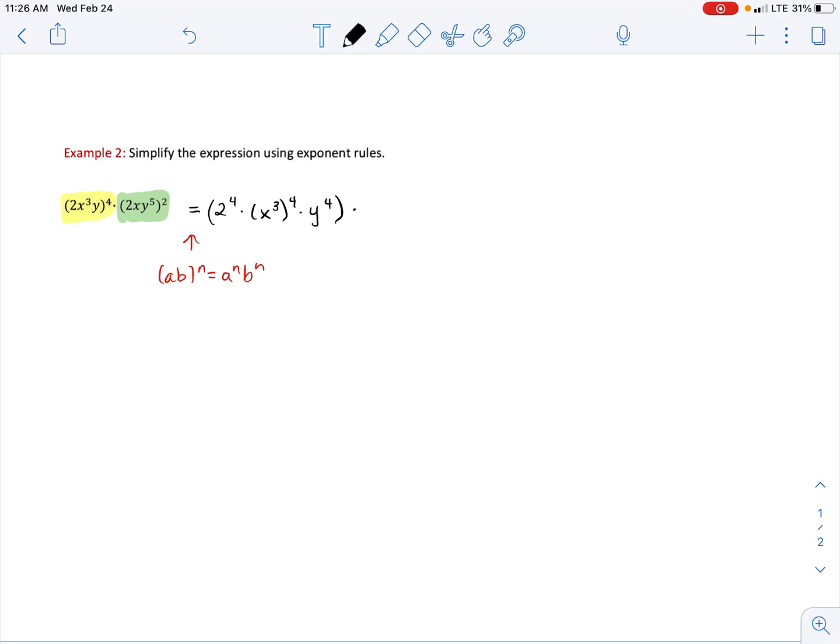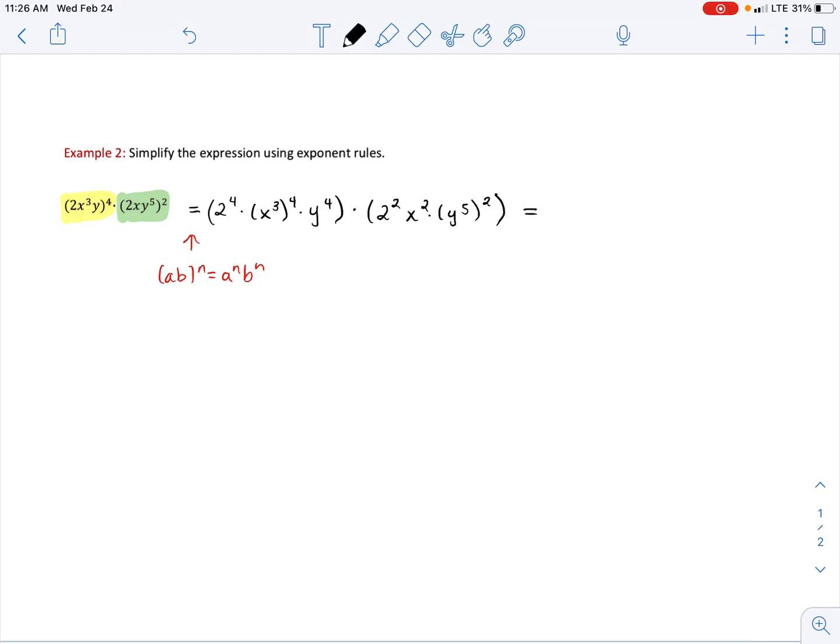Now I'm going to do the same idea with what I highlighted in green, right? So this just becomes 2 squared, x squared, y to the 5th squared. Okay, and so now finally here, I just need to simplify in the first term x cubed to the 4th, right?